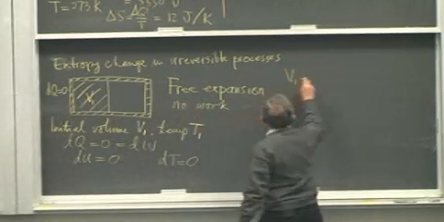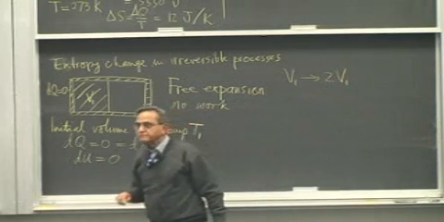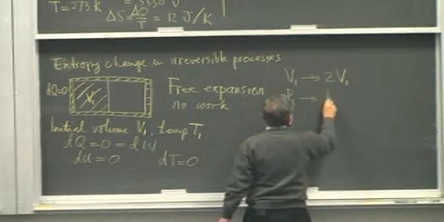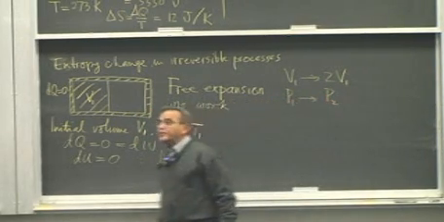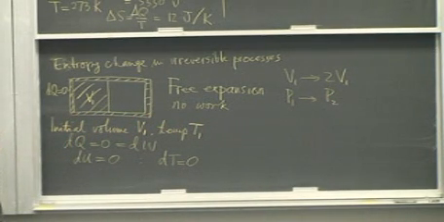V1 था, V1 से वॉल्यूम 2V1 हो जाएगा गैस का. ऑलराइट. प्रेशर कुछ था इसका, वो मुख्तलिफ हो जाएगा प्रेशर डिपेंडिंग अपॉन the equation of state. टेम्परेचर वही रहेगा मगर प्रेशर और वॉल्यूम तो चेंज हो सकते हैं ना. ठीक.